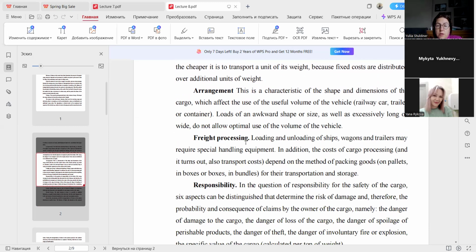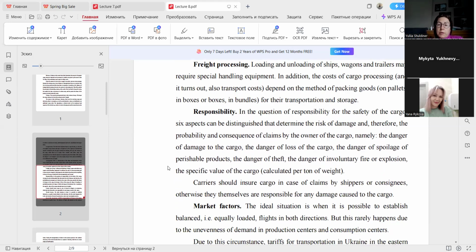Batch processing. Loading and unloading of ships, wagons, and trailers may require special handling equipment. In addition, the cost of cargo processing also determines transport cost, depending on the method of packing goods, on pallets, in boxes, or boxes in bundles.